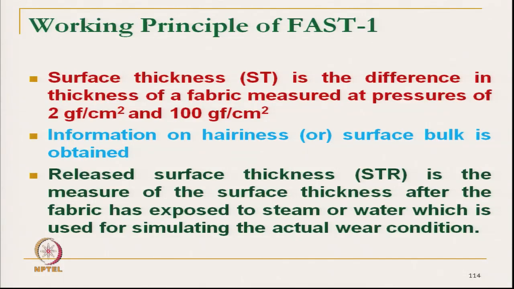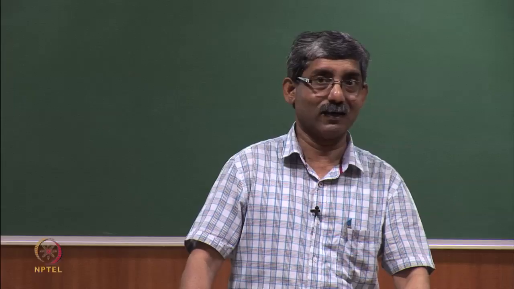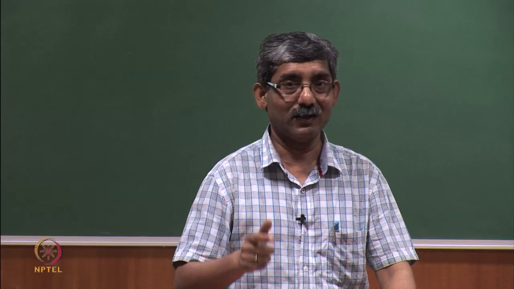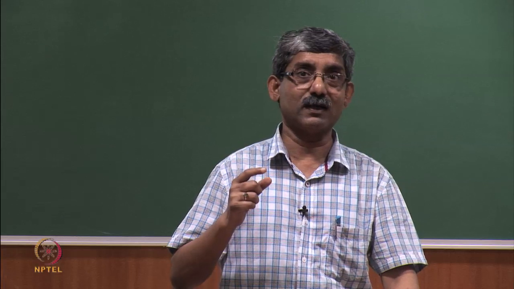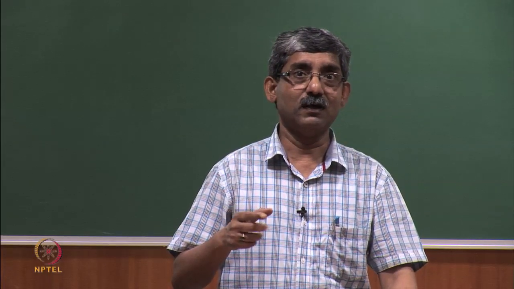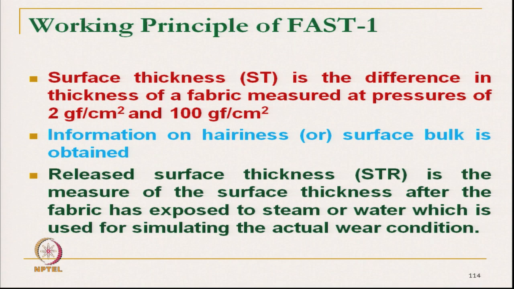Another term we can get is called released surface thickness. Released surface thickness is nothing but the surface thickness after the fabric has been exposed to steam or water, which is used to simulate the actual wear condition. Now, released surface thickness is a parameter that gives us an idea about the permanence of a particular finish.